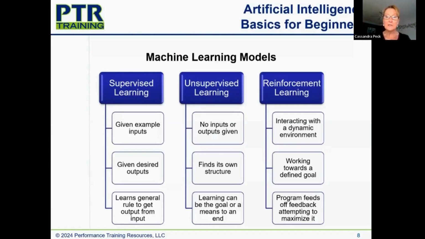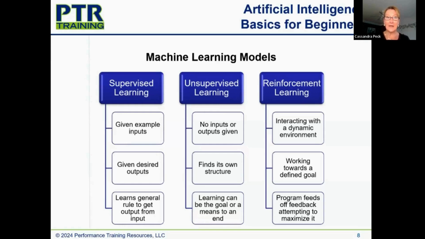The model learns to map the input data to the correct output by generalizing from the labeled examples. It can then make predictions on new unseen data based on patterns it has learned. So it's given example inputs, it's given desired outputs, what we want, and then it learns general rules to get the output from the input. Hopefully that makes sense.